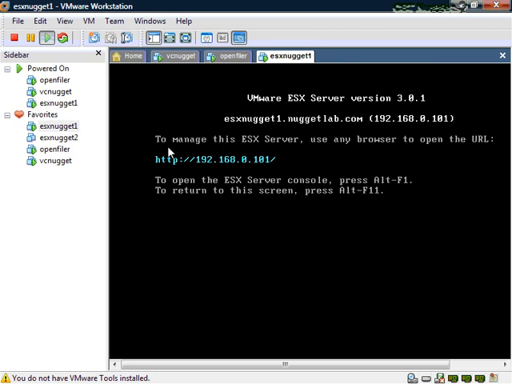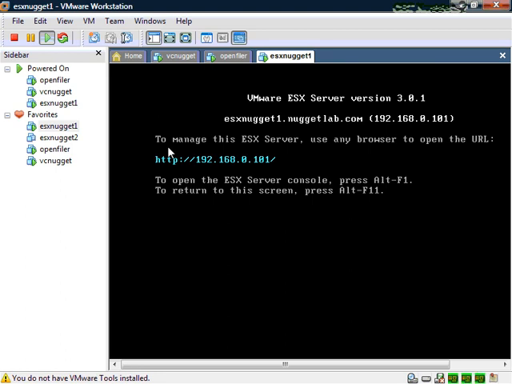Workstation 6.0 now allows you to build ESX infrastructures inside of Workstation, and that's really cool because now, on your laptop or your desktop, if it is powerful enough, you can build this and demonstrate the use and the power of VMware ESX inside your laptop. And you can use it for evaluation and testing and learning and maybe even studying for the VCP exam. You can do it all here inside of VMware Workstation.